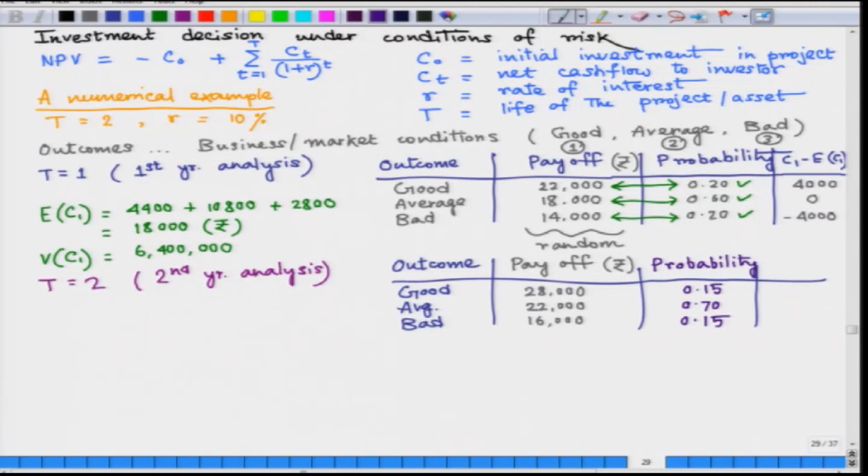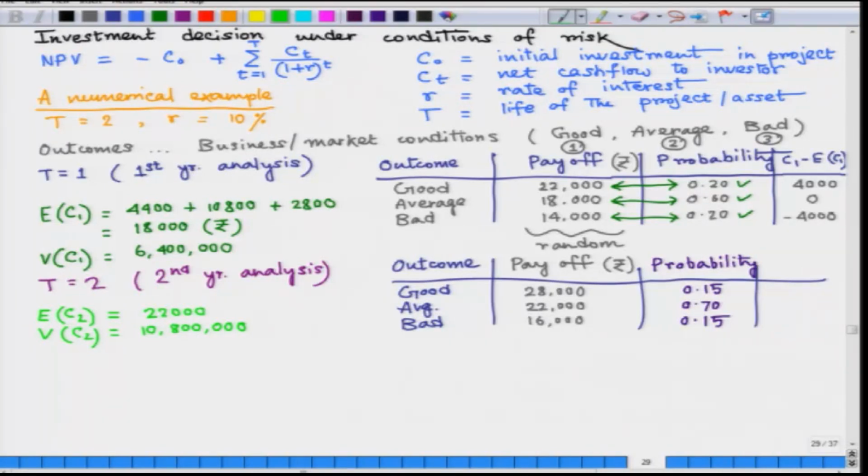So, in this case also we are going to look at our mean and variance. I am not going to show you the full calculation, I am just going to write the number, hope you can derive these numbers yourself, and the variance is, right.